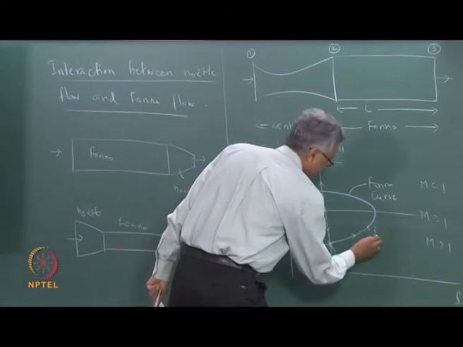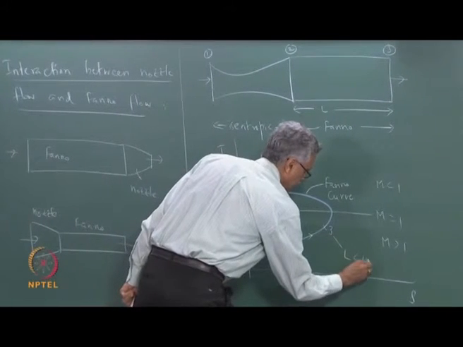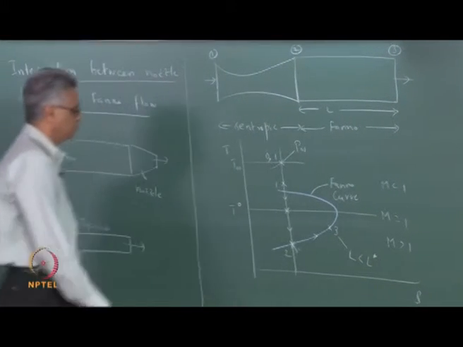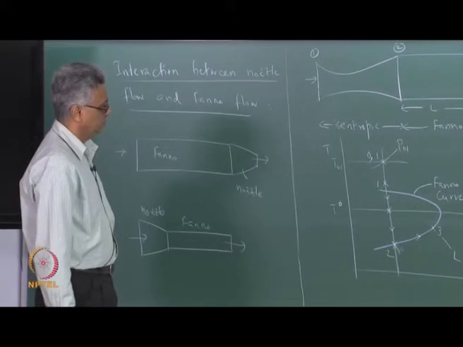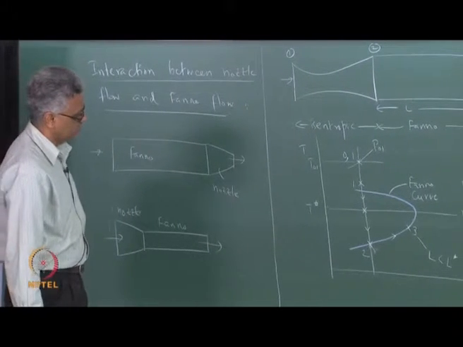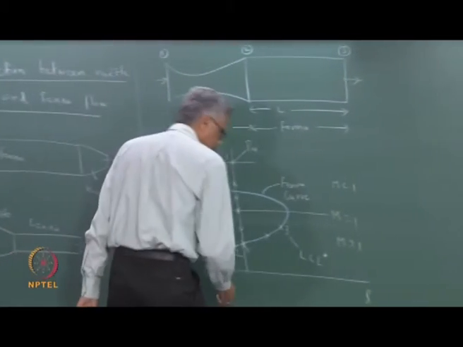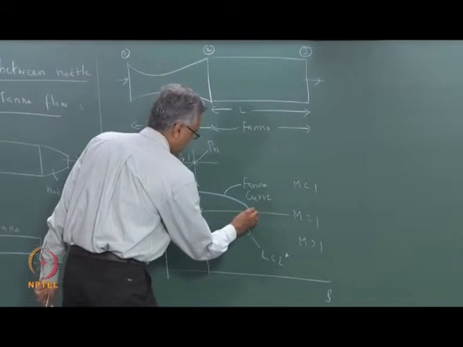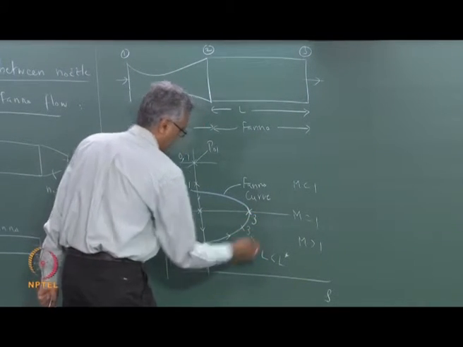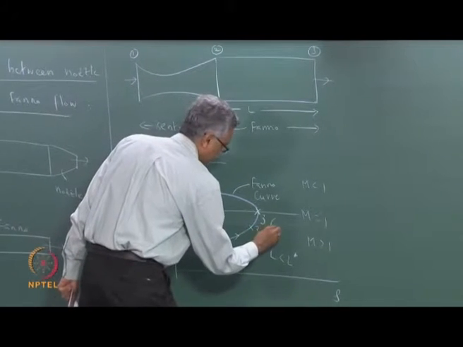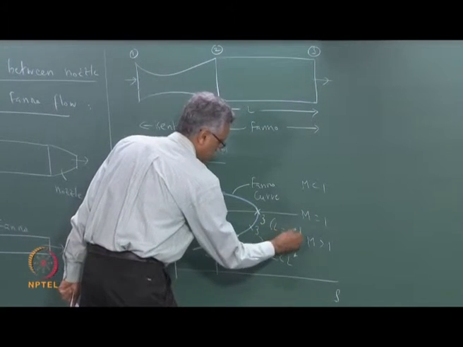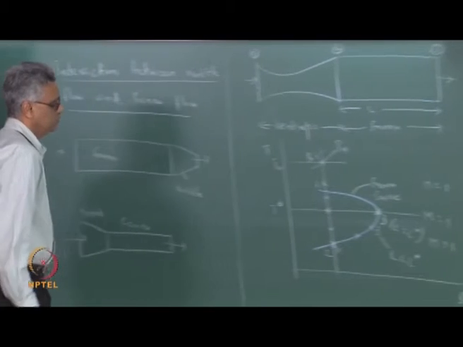So, this is the end state for L less than L star corresponding to M2. If L is equal to L star corresponding to M2, then the exit state would lie here.